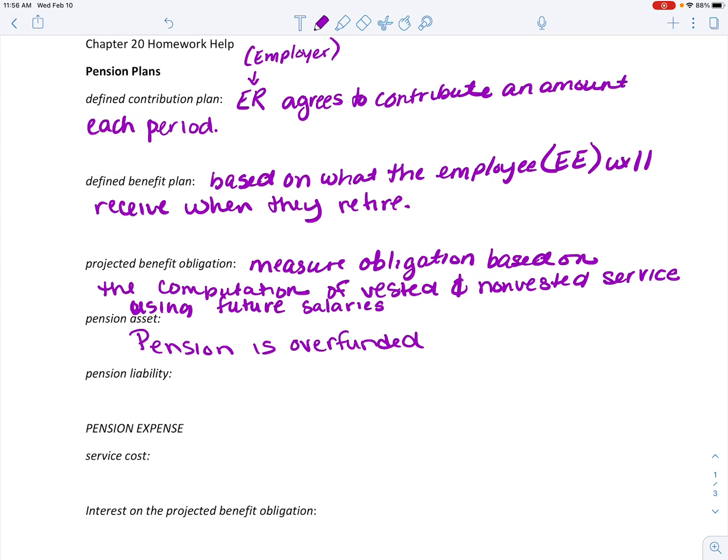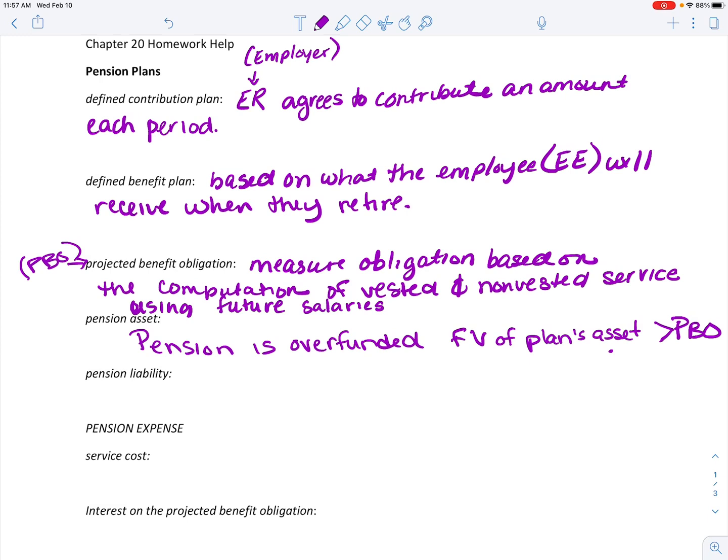We can determine if it's over or underfunded based on the fair value of the asset of the plan. So your fair value of the plan's asset is greater than your projected benefit obligation, or PBO.